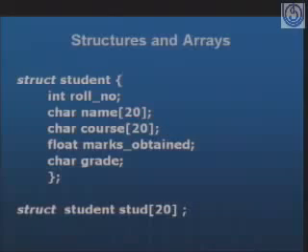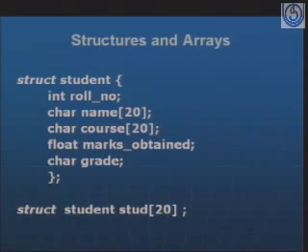Next is the combination of structures and arrays. This concept we will be using very widely while doing C programming. As I told you before, suppose structure variables are very limited.